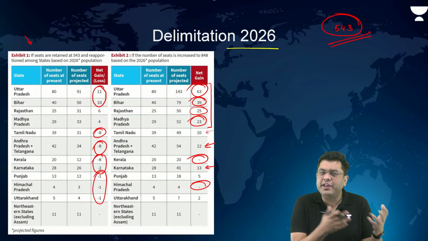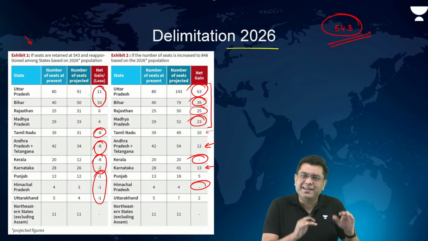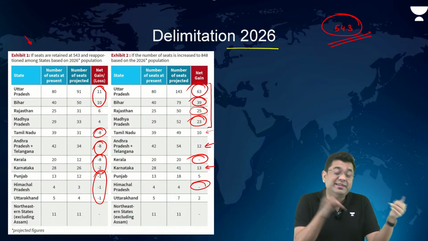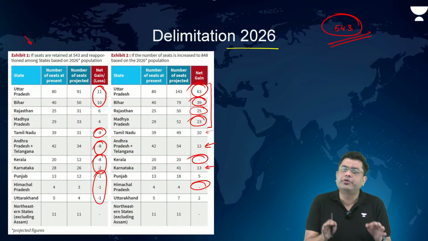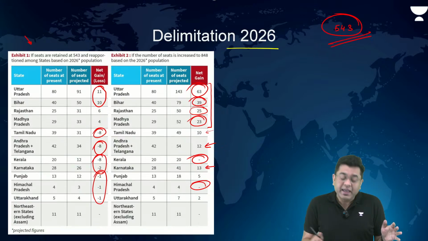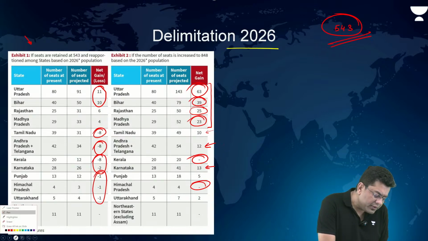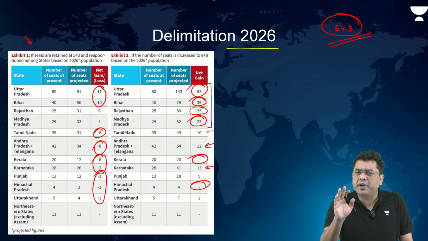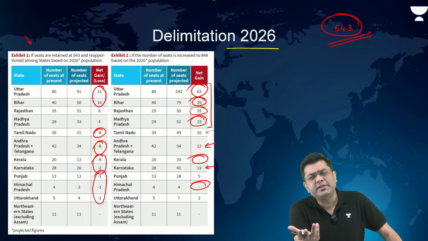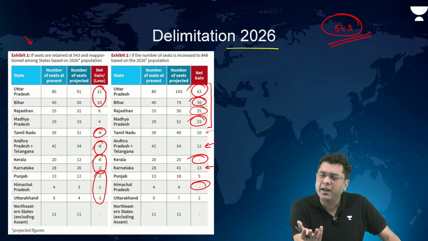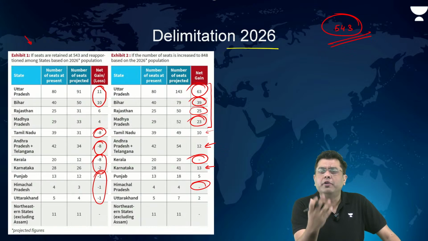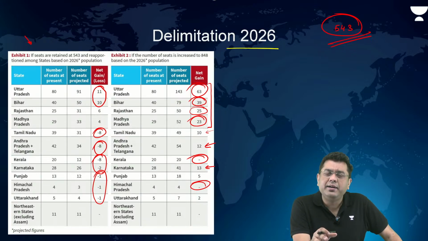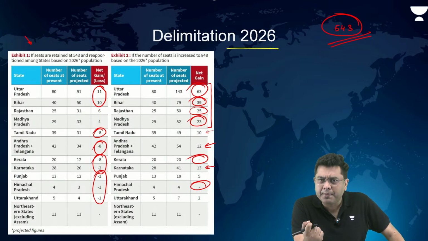In either of the scenarios that you put forward, wherever you consider the recent population numbers and then carry out the delimitation exercise, there is a loss which is associated. And that loss is something which can always be brushed under the carpet, saying that no, all the states are equal in front of the parliament, etc., etc. But you have to understand, political representation is key to the expression of the political aspiration and the aspiration of the larger public.